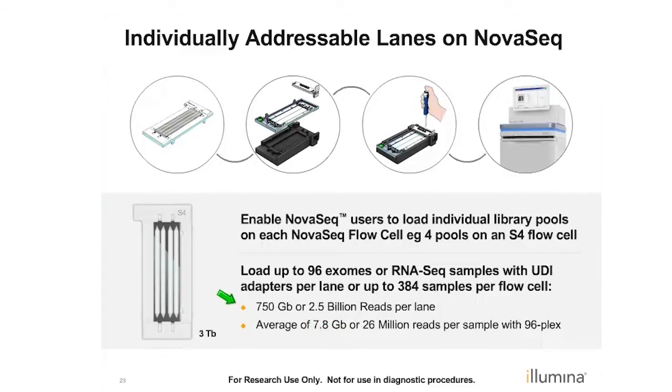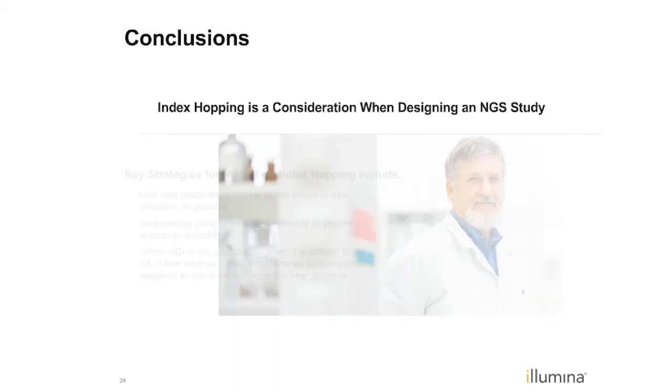These are both really good numbers for doing exome sequencing or RNA-seq. So we think that the combination of the individual addressable lanes and the 96-plex library prep adapters that we will be coming out with later this year will be a nice combination, where you can run up to 384 different samples per flow cell in the S4 configuration and be able to explicitly remove any hopping that may have happened during your experiment.